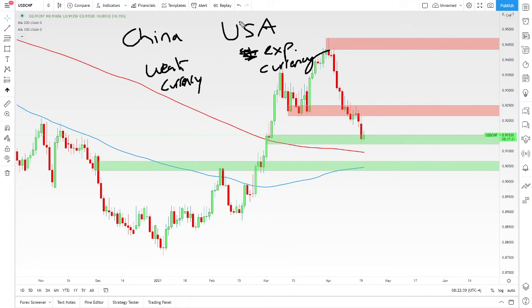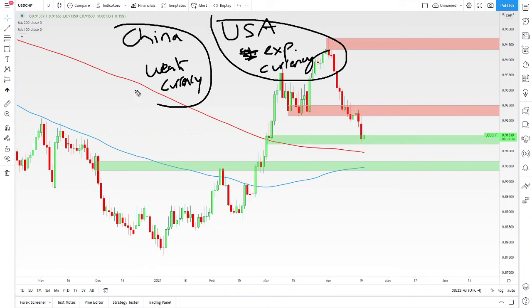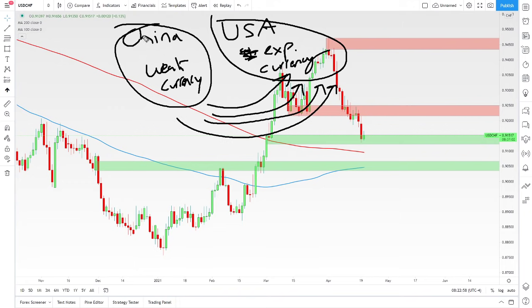What happens is it's easier for the imports for this country to buy these products, because it's much cheaper to buy something where the currency is weak. You're saying, well, my dollar goes a lot further over in China, so I can buy a lot of product, and that's very good for their economy, right? Because if they have a lot of demand because of their cheap currency, then it's good for manufacturing and production and GDP, right?